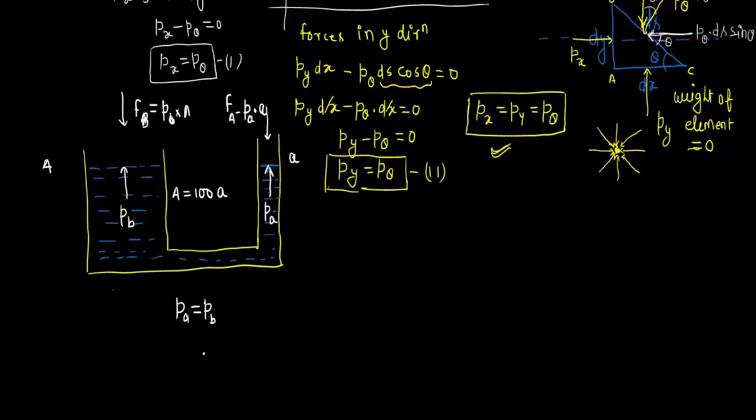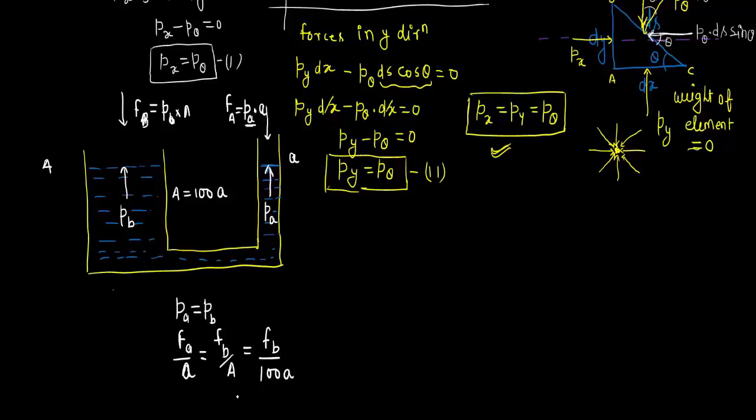Alright, so we can write Pa is Fa divided by area small a. Similarly Pb I can write is Fb divided by this capital area A. So this is Fb divided by A. Alright, as we are saying that capital A is 100 times small a, I can also write this as Fb divided by 100 times small a.